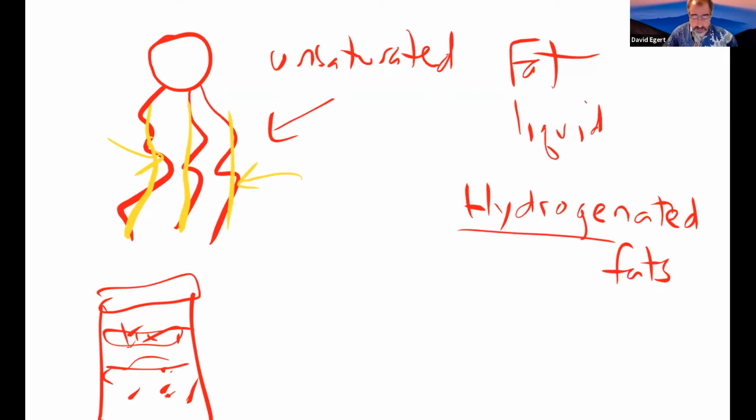So hydrogenated fats are when you do this chemical process to modify these unsaturated fats to straighten out their tails, which is going to make them stay solid at room temperature, also makes them less likely to go rancid. Those points of unsaturation are places where it's more likely to break down. So they stay good longer, they stay creamy at room temperature.